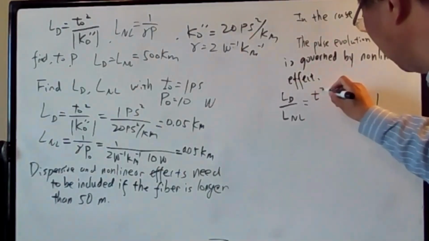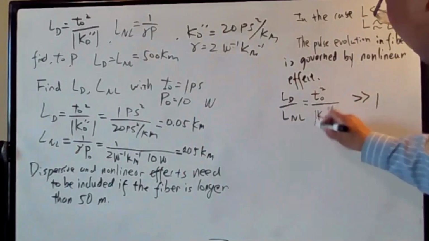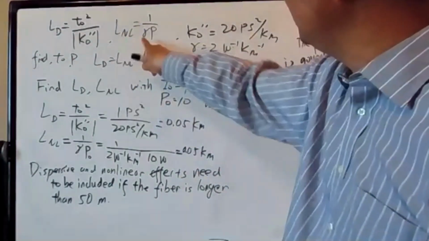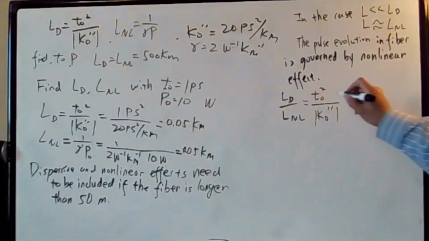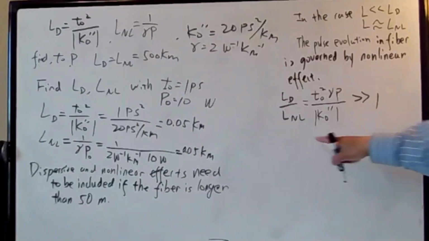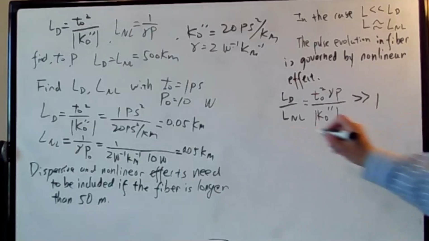And the nonlinear length is 1 over gamma P, so in the ratio it flips up, giving gamma P in the numerator. In order to do that, we use the same parameters, right?